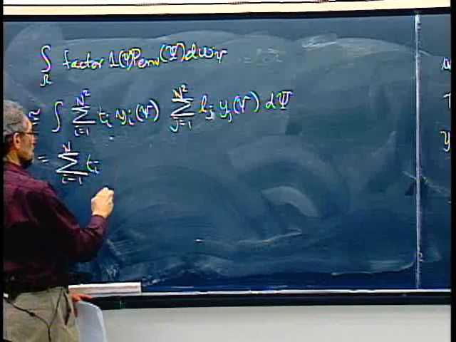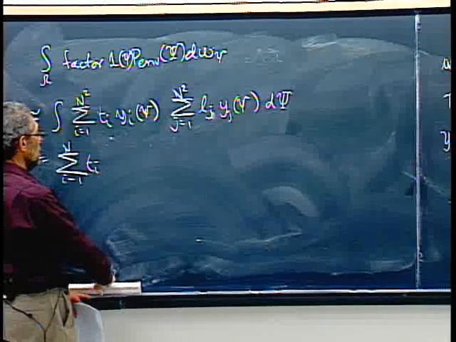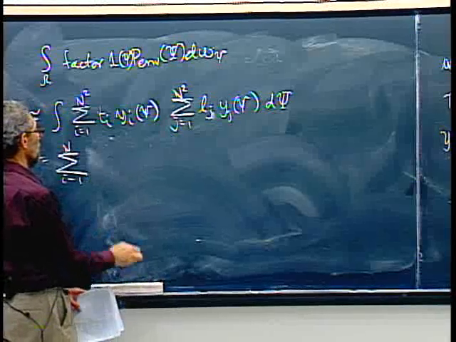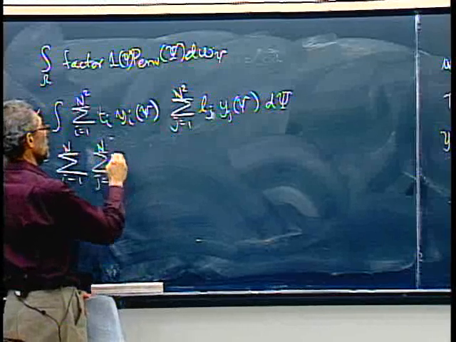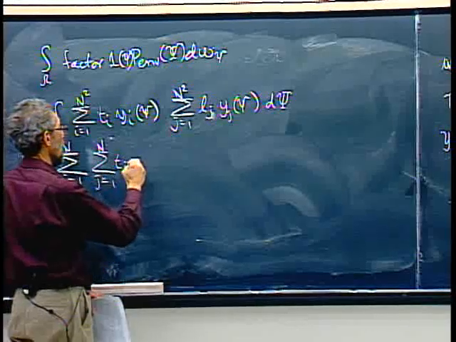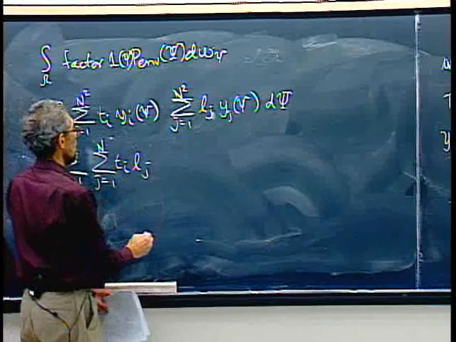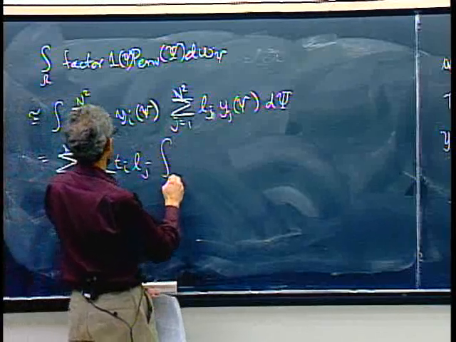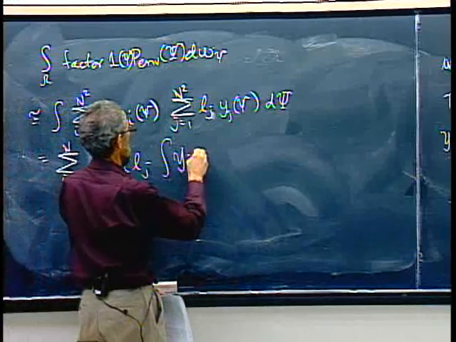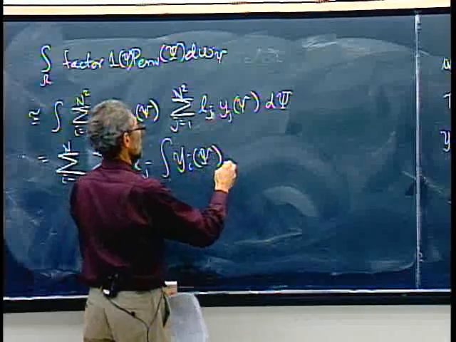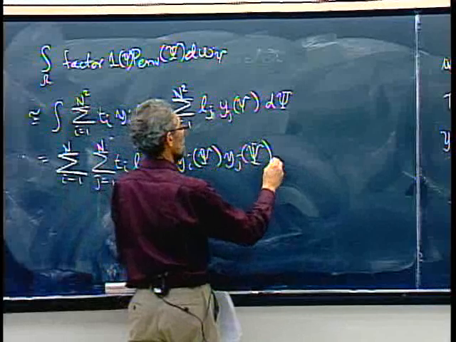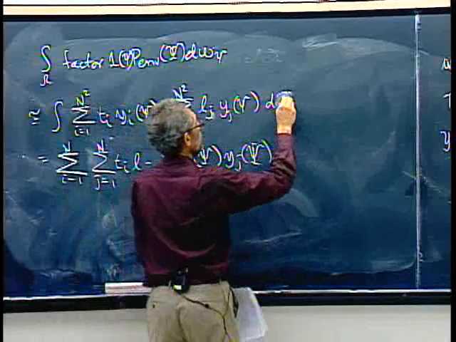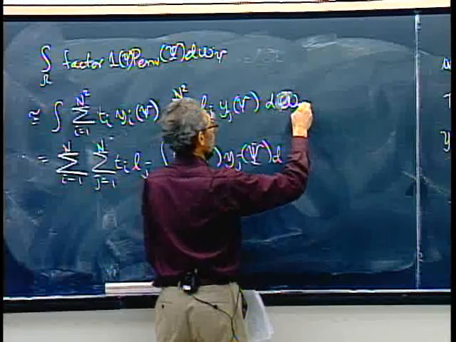Maybe I'll make a double sum first. j equals 1 to n, t_i L_j, and then the integral of Y_i of psi, Y_j of psi, d, I guess in the book they call this d omega psi.